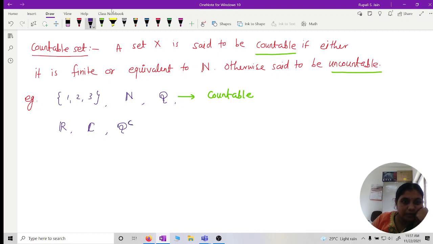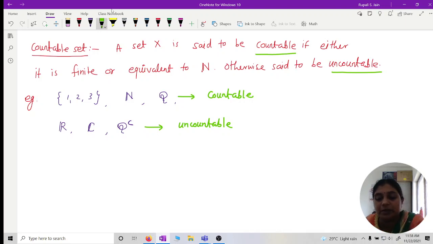Q complement. Uncountable. Okay. Because R is nothing but Q union Q complement. If Q and Q complement were both countable, then the union of countable sets is also countable. So R must be countable, but we know R is not countable.